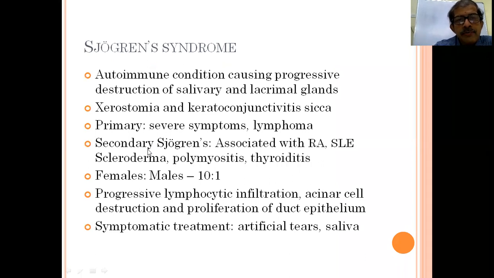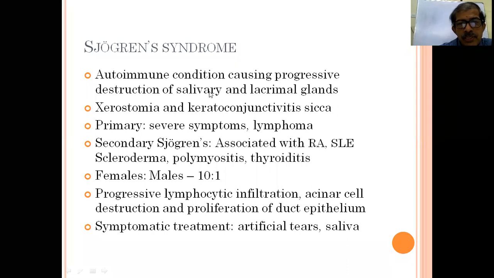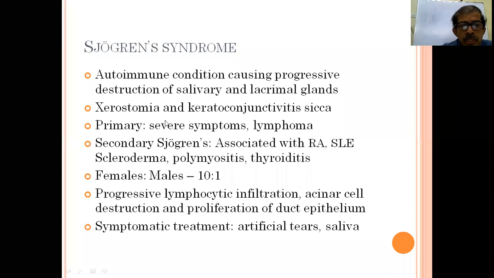Then Sjogren's, of course, is an autoimmune condition wherein there is destruction of both salivary and lacrimal glands. Mainly the parotid gland is involved, and there is xerostomia because of destruction of the salivary glands, and keratoconjunctivitis sicca because of lacrimal gland destruction. There are two varieties.